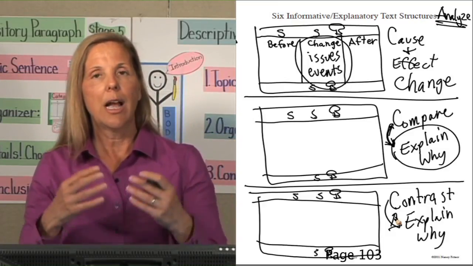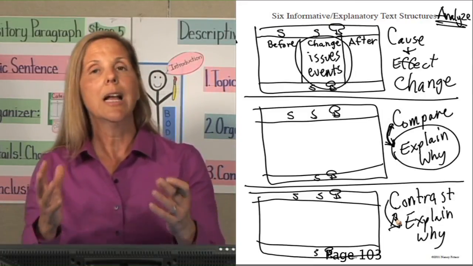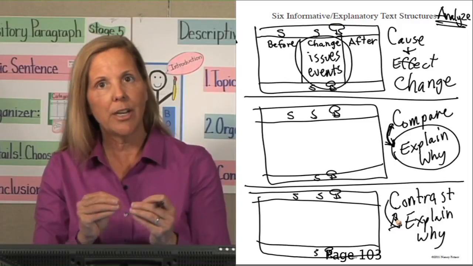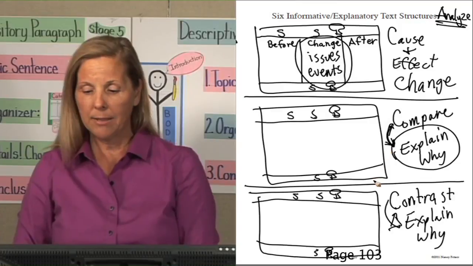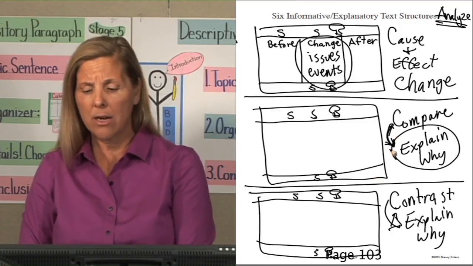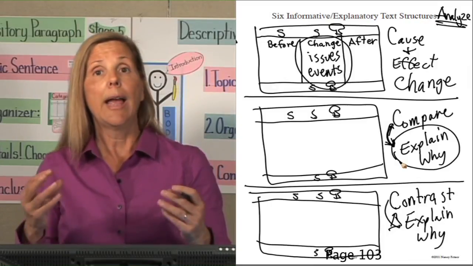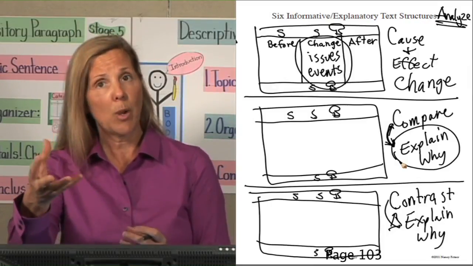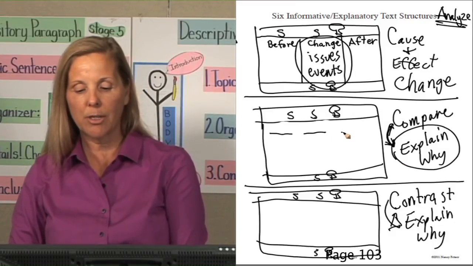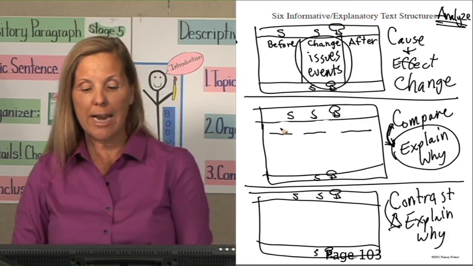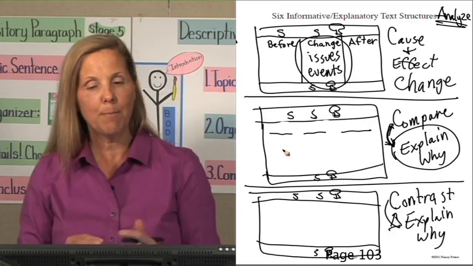So notice, I'm not just saying, oh, let's look why these two things are similar or why they're different. I'm using the similarities and differences to explain why. If I go back and I look at compare and I explain why Cinderella and Cendrillon had many similarities, and that's why they were rewarded. When we compare, we have to identify attributes, so I'm going to draw lines in the middle for each attribute or characteristic that I'm going to choose in order to make that comparison.